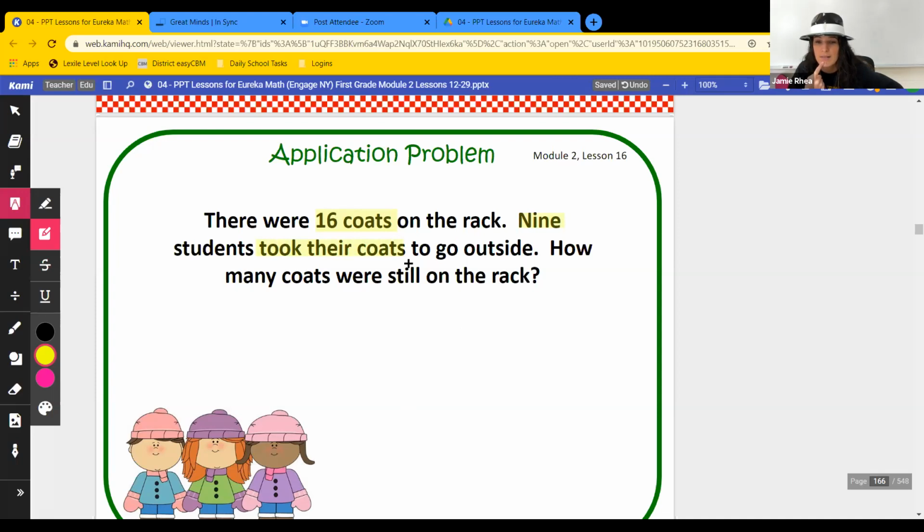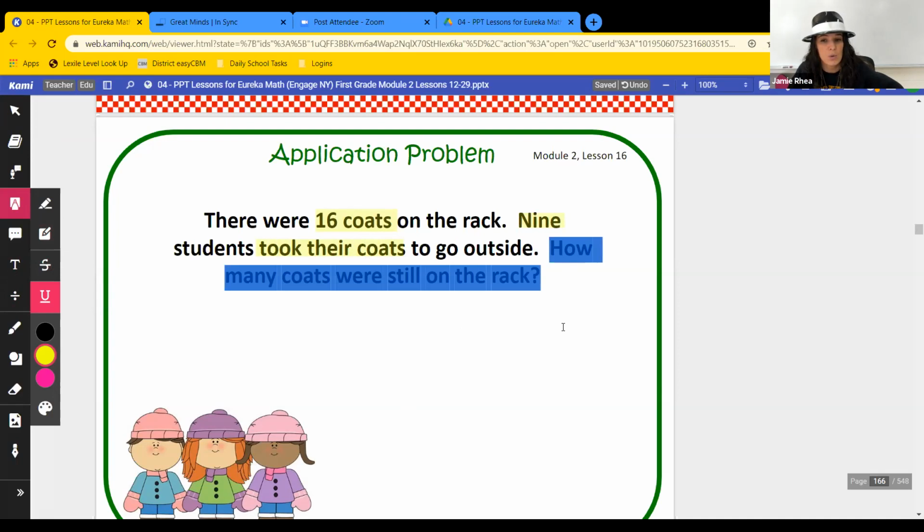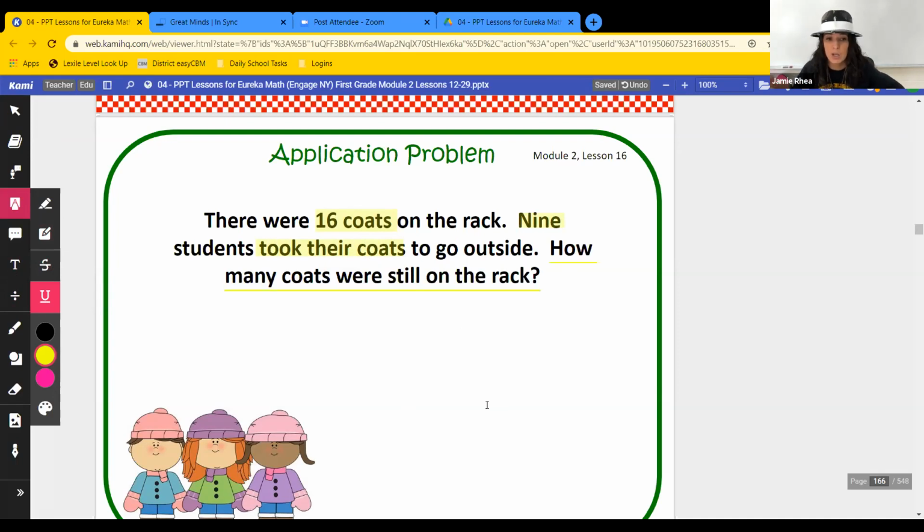That we're subtracting. If we're taking it away, then we're subtracting. How many coats were on the rack? Okay, so that is my question I have to answer. How many coats are still on that rack? 16 coats on the rack, and 9 students took their coats to go outside. What do you think the first thing I should do?